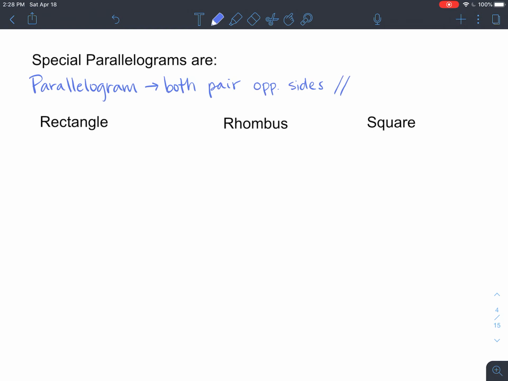And whenever we get to these special parallelograms, not only will they have every single quality that a parallelogram has, we're going to add things to it. So for our rectangle, if I go ahead and draw one out here, remember, be as specific as possible in your drawings. So if I have a rectangle, it is a parallelogram.